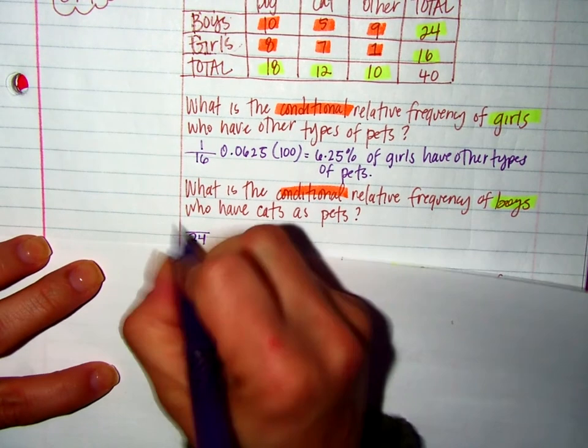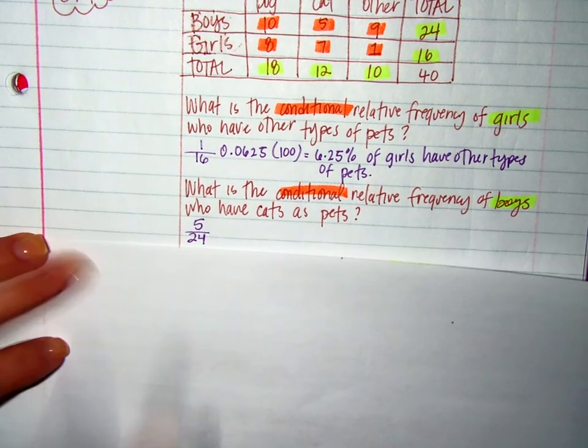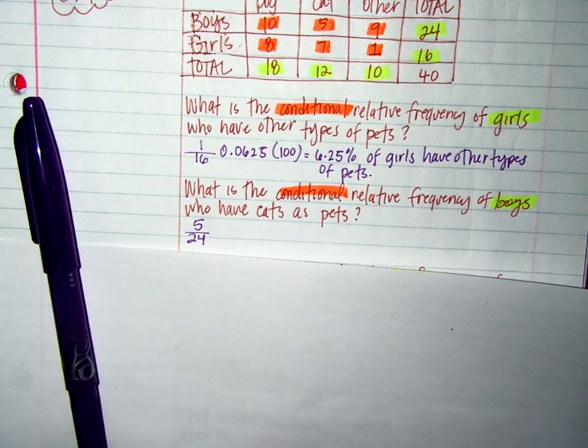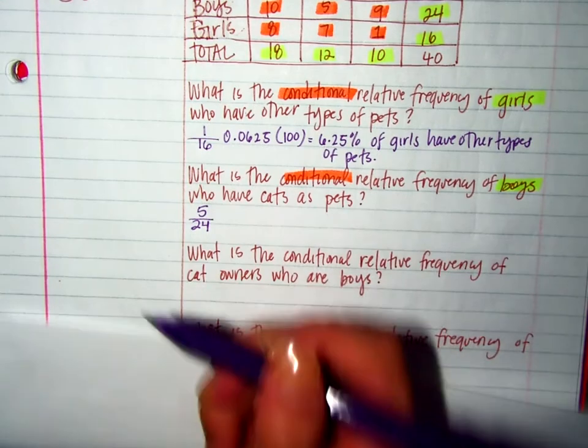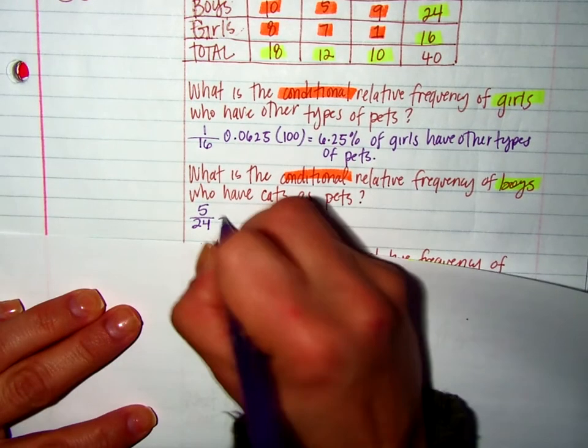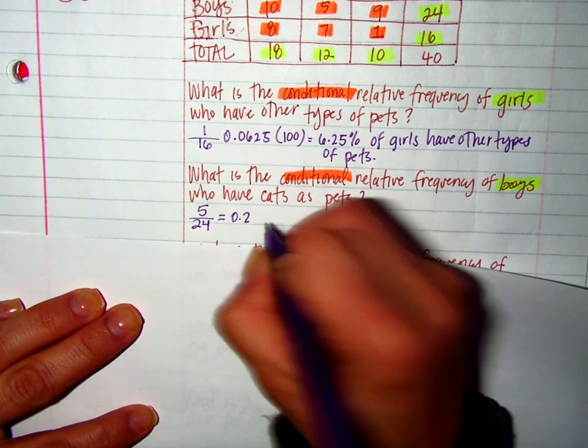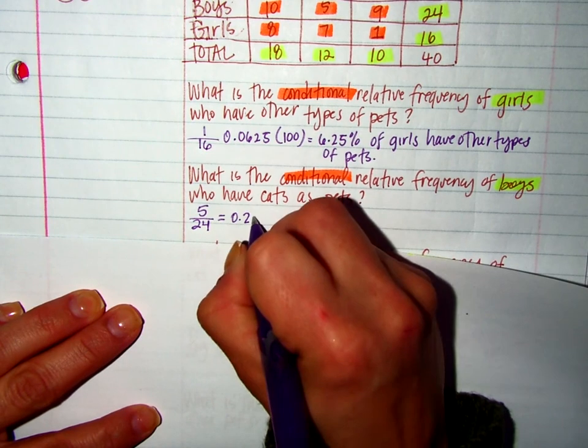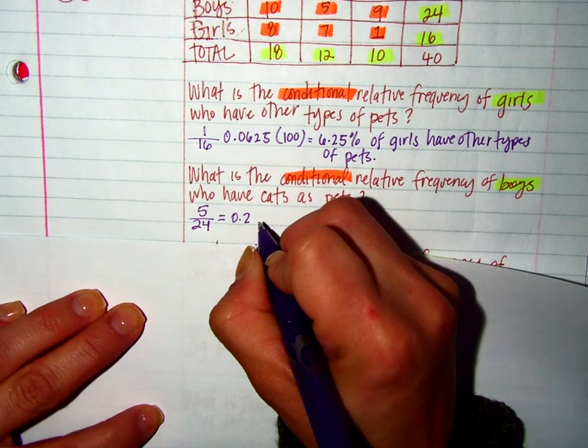Okay? So go on ahead and pause that so you can calculate, and let's see if we have the same thing together. Okay? I'm going to take my 5 divided by 24. I'm going to get 0.208333.